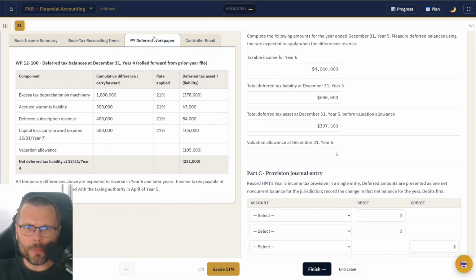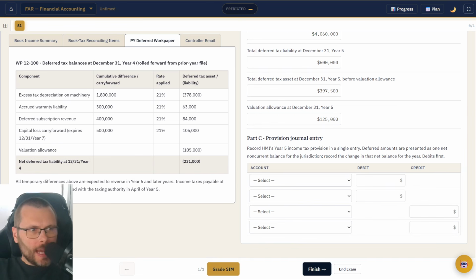And I think from the prior year, the valuation allowance was 105. Now it's 125. It's only because of the rate change. This is the 21% times the 500 gives you the 105. Now we've got it at 125. That's the only difference. So the answer is the 500 times the 25%, or 125,000.